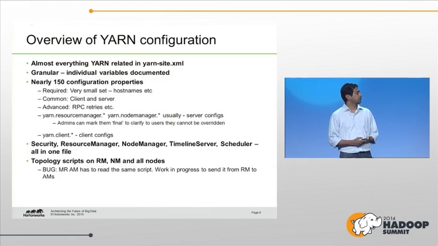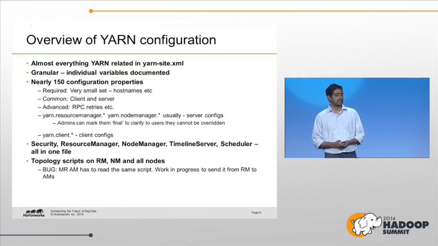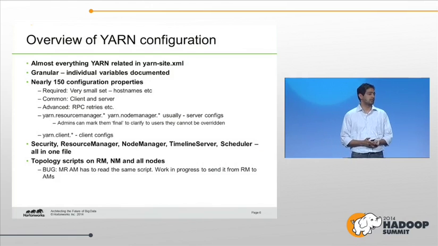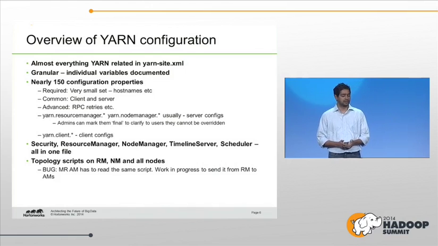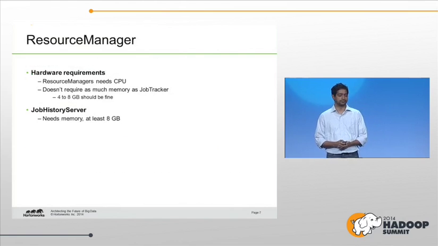Everything YARN related, security, resource manager, node manager, timeline server, a lot of scheduler stuff, all goes into this one file. There's also a topology script that you can enable, which tells all nodes the network topology in terms of rack information, which is useful. That also is hooked up into this config file.